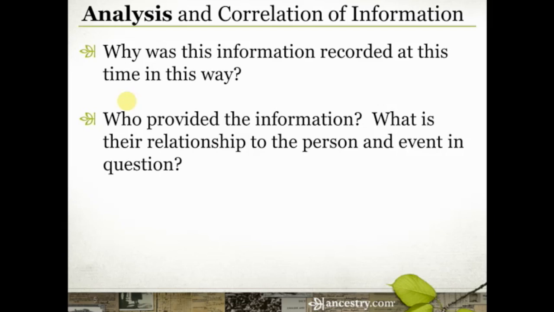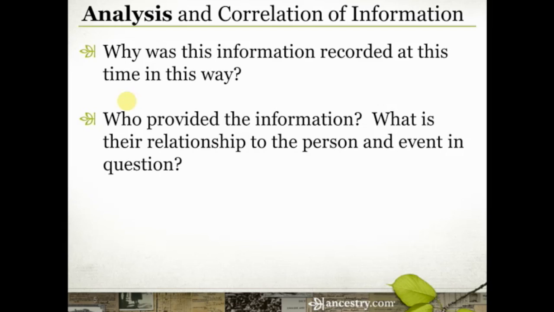The next question that I ask myself as I analyze a particular source is, who provided the information? The informant on any piece of information is a really important part of your analysis because it helps you understand how accurate or inaccurate this information may or may not be. Now, I'll use the census as an example, and then we'll talk about another example that's a little bit more effective.